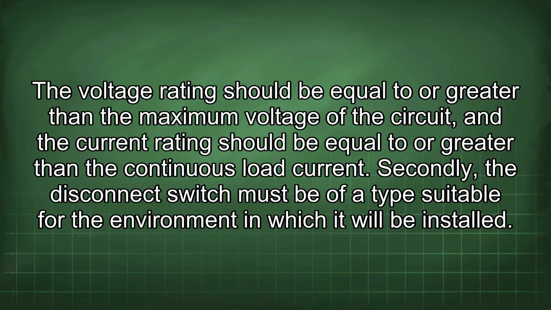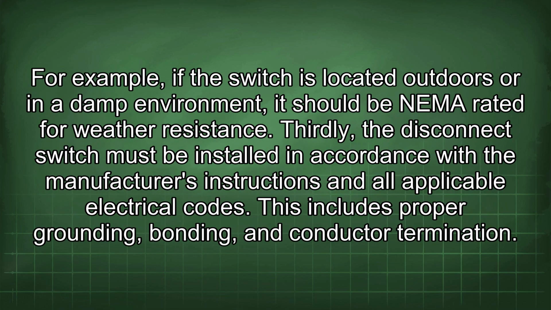Secondly, the disconnect switch must be of a type suitable for the environment in which it will be installed. For example, if the switch is located outdoors or in a damp environment, it should be NEMA rated for weather resistance. Thirdly, the disconnect switch must be installed in accordance with the manufacturer's instructions and all applicable electrical codes. This includes proper grounding, bonding, and conductor termination.